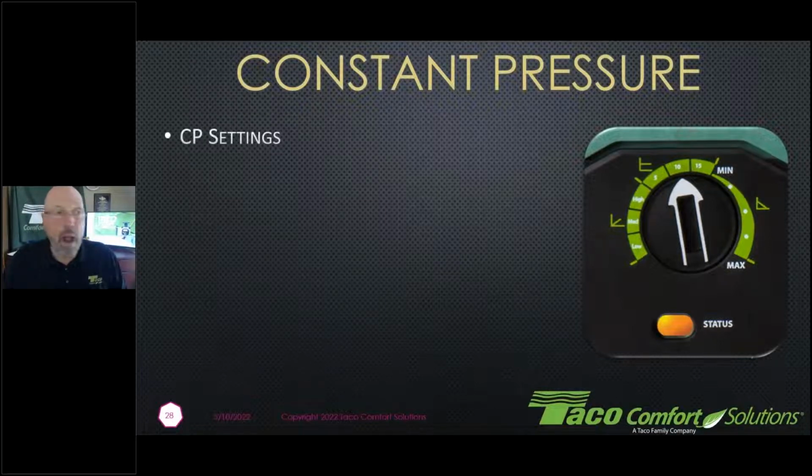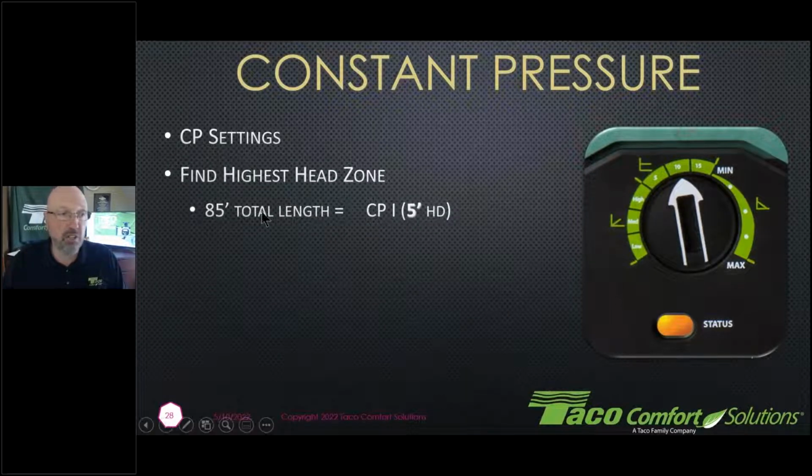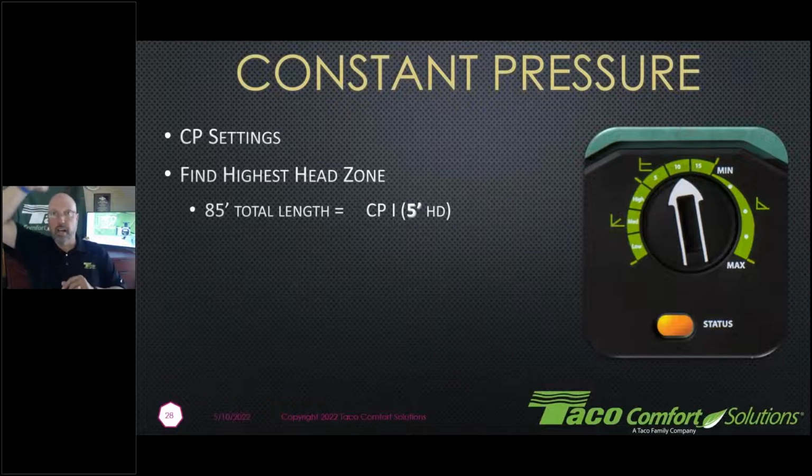So where do we set it? Well, it's going to be based upon the pressure drop that you have in the system itself. And we actually have this printed on the side of the box. If you're looking at your highest head zone or your longest zone at 85 feet of total length, meaning pipe from the circulator out to the house, through the baseboard, and then back to the suction side, if that was 85 feet, you're going to be around 5 foot of head.